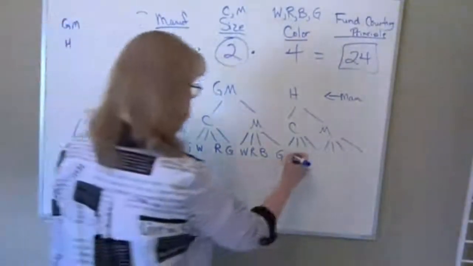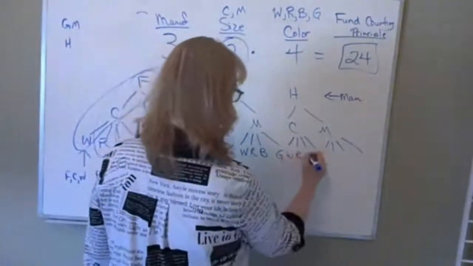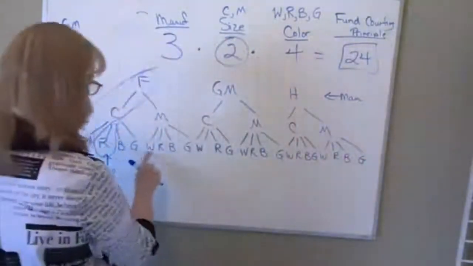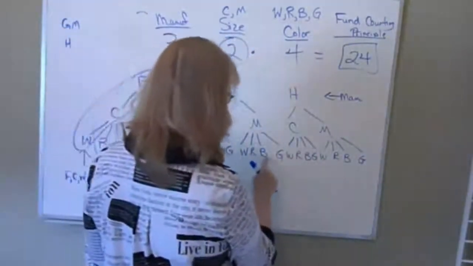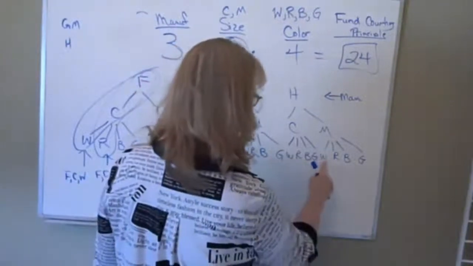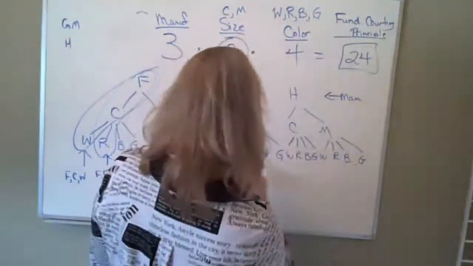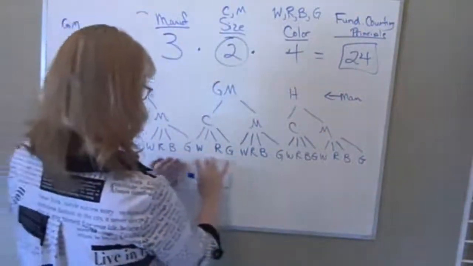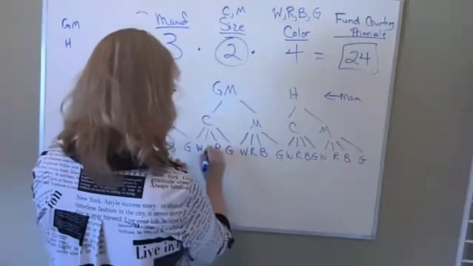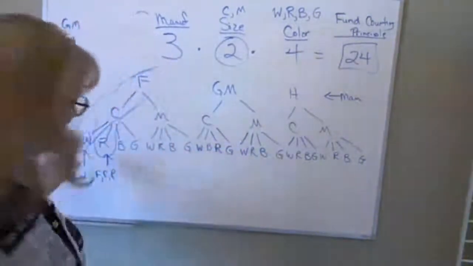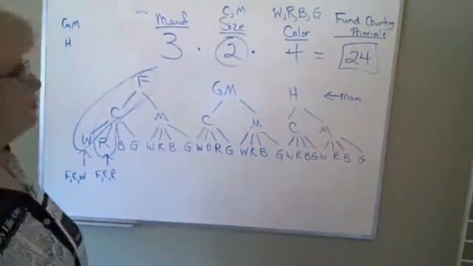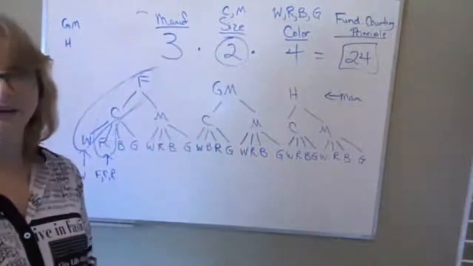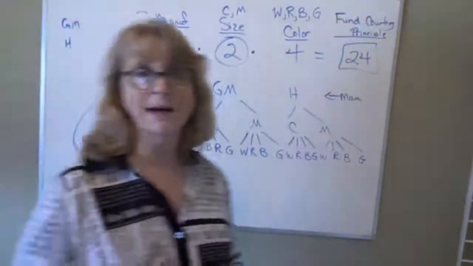And if we counted all those up, 1, 2, 3, 4, 5, 6, 7, 8, 9, 10, 11, 12, 13, 14, 15, 16, 17, 18, 19, 20, 21, 22, 23. I missed one. What am I missing? There's actually 24. 4, 4, 4. Oh, right here. I just didn't write black on that one. If you counted all those up, there's 24 different cars, which matched our 24 that we got by using the fundamental principle of counting. So I'm going to stop there.